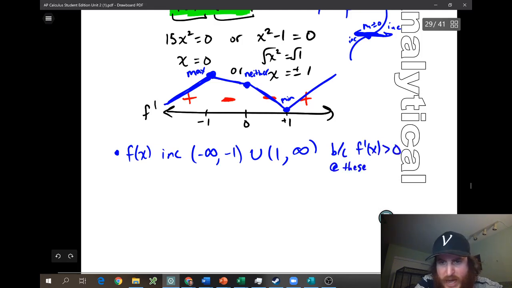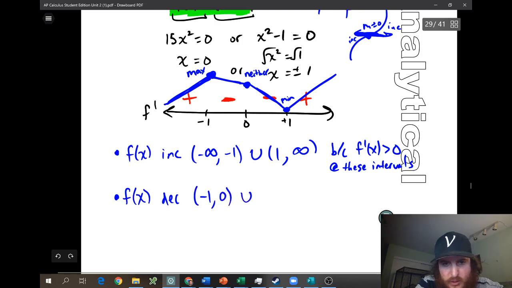I always like to add the "at." And then the next one, f of x is decreasing for -1 to 0, union 0 to 1. So don't go from -1 all the way to 1. It pauses at 0. Why? Because f prime of x is less than 0 at these intervals.